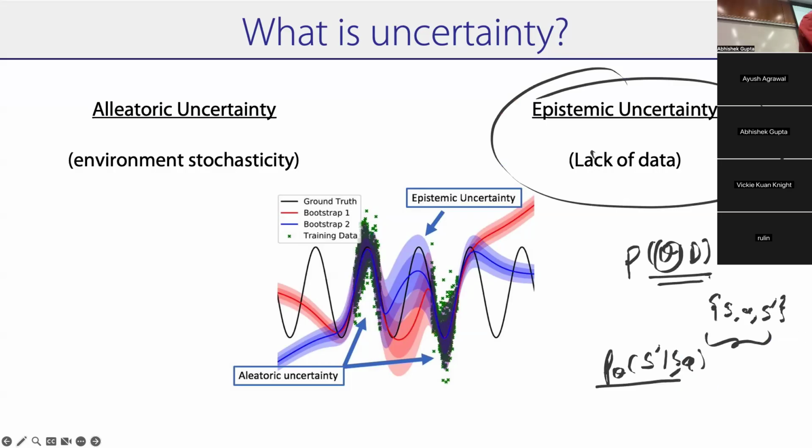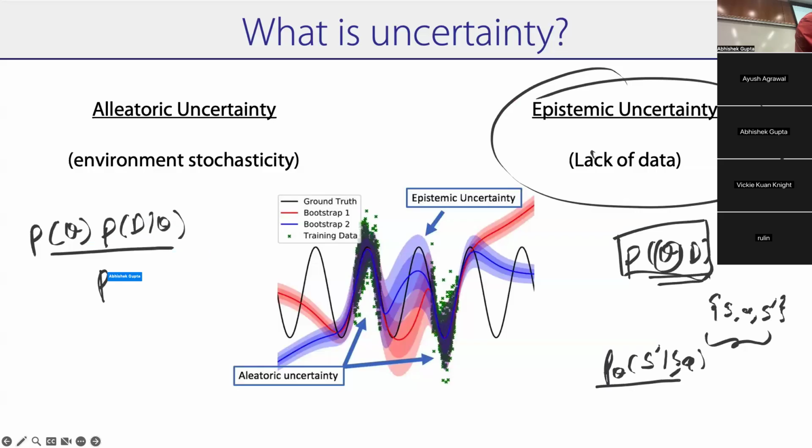And so if you remember, we're trying to get this posterior, and a posterior by Bayes' rule is p of theta given D equals p of D given theta times p of theta, divided by the integral of p of D given theta times p of theta d theta. Right? Like it's Bayes' rule.